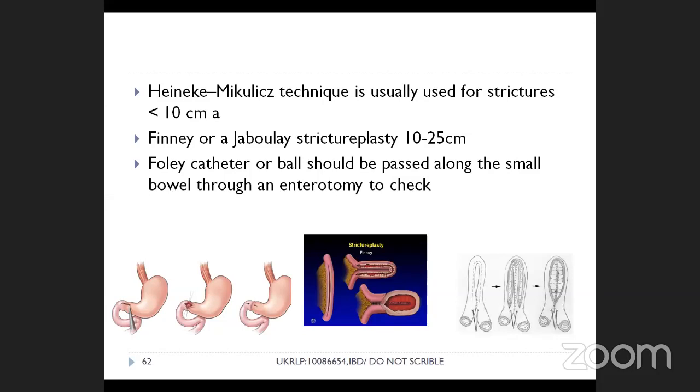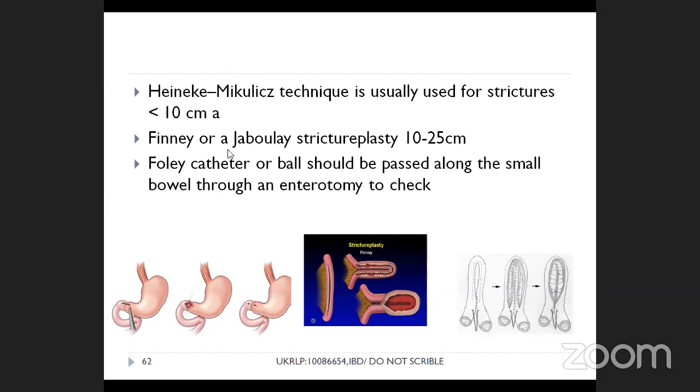Another important technique used for strictures of Crohn's disease is stricturoplasty. There are two types of stricturoplasty. One is the Heineke-Mikulicz technique, which is used for strictures less than 10 centimeter. This is usually used in the upper GI, where there is a pyloric stricture, for duodenal ulcer obstruction or chronic duodenal ulcer.